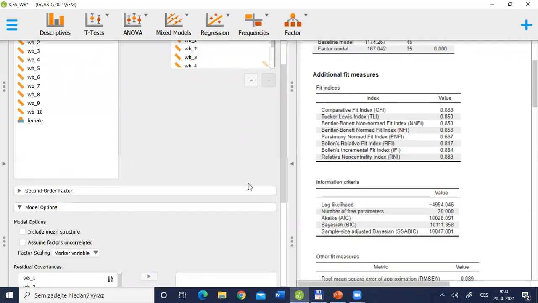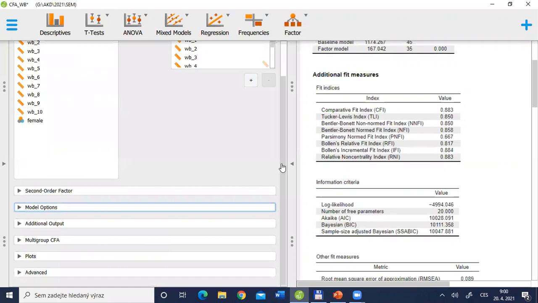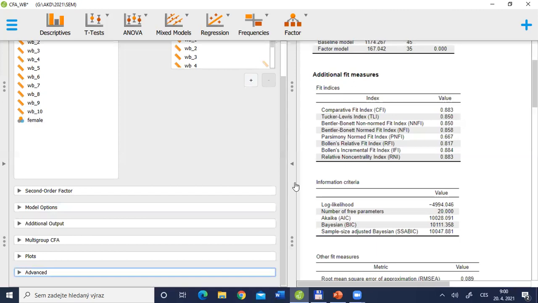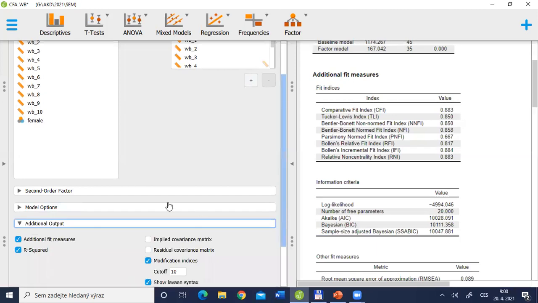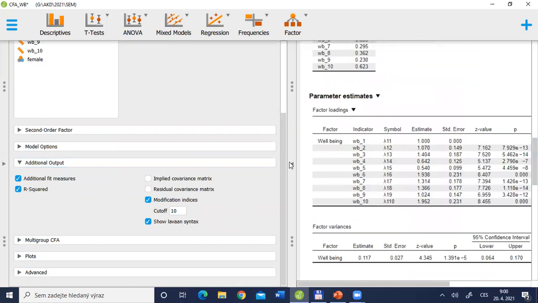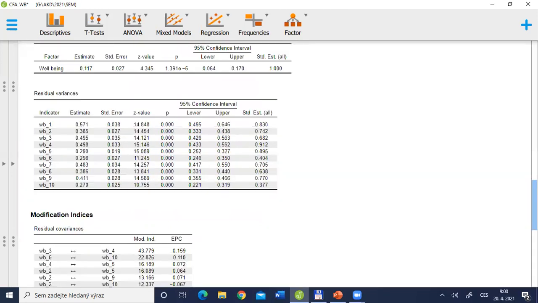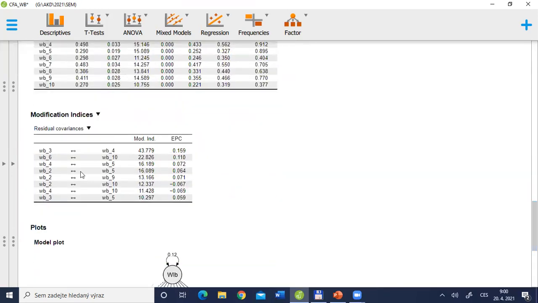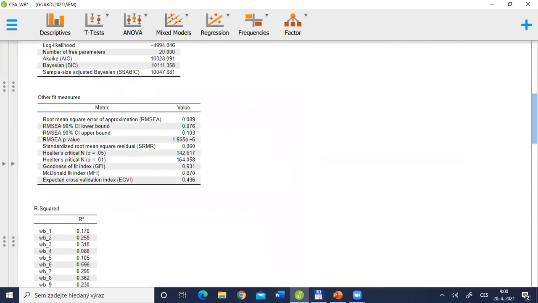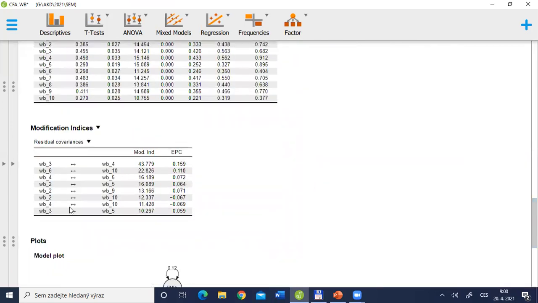So once again, if I go back, we asked for modification indices here in the additional output option, and we asked to see only modification indices above 10. So that's why we have a quite short table here of modification indices, and we can see some proposals for changes for my model in this table.